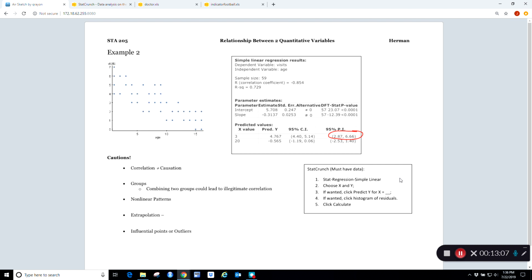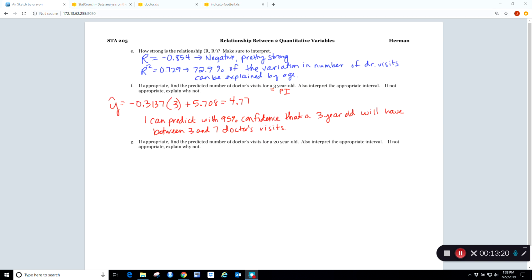So I'm going to interpret that, keeping in mind that we're looking at an individual child. Since it's an individual child, they can't have a decimal number of doctor's visits. So when I did my interpretation, I said I can predict with 95% confidence that a 3-year-old will have between 3 and 7 doctor's visits. Remember, with prediction intervals, there's never anything about that average showing up in here, because that's for a confidence interval when we're talking about the mean.